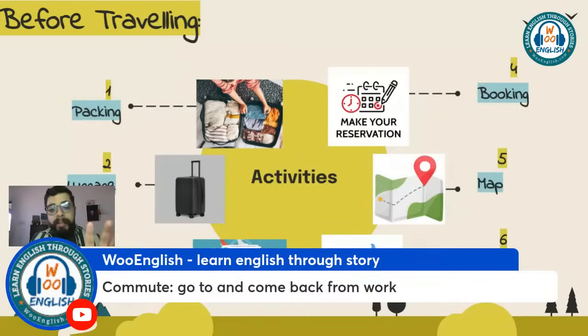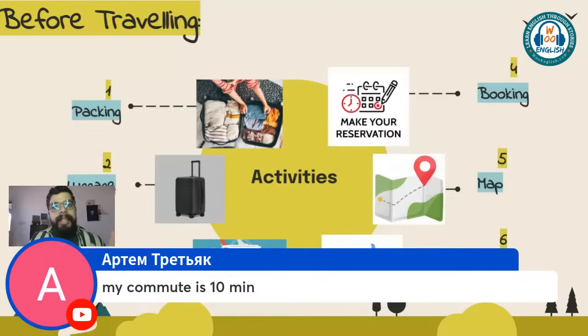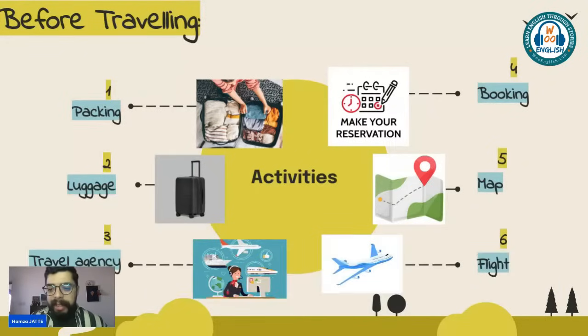Again, commuting is to go to and come back from work. It takes me some time, for example, maybe half an hour, maybe 15 minutes, maybe an hour. That's commuting. My commute is 10 minutes. That's very good. There are people who spend like 2 hours commuting sometimes. So it's very difficult.